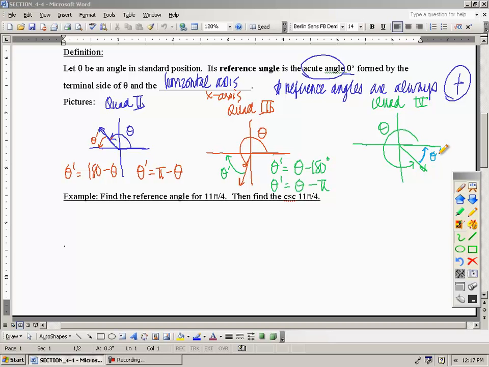How do you find theta prime? We're going to find theta prime by taking 360 minus my angle, or in terms of radians, 2 pi minus my angle. The reason, again, I show you both degrees and radians is because quite often, like the next example, we want it in terms of radians because we start you in terms of radians.